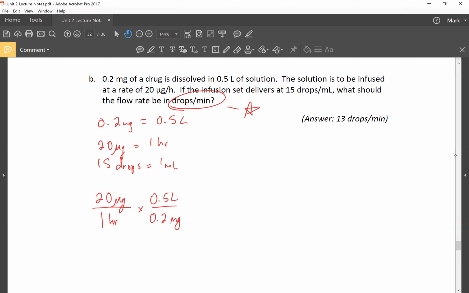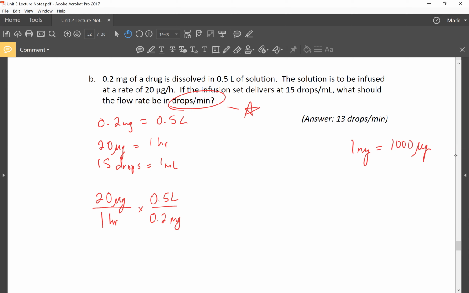I have micro and I have milligrams, so I can't cancel anything yet. So let's change this number here into micrograms. How do we do that? What's our conversion factor? Well, I told you over here that 1 milligram of anything is equal to 1,000 micrograms.